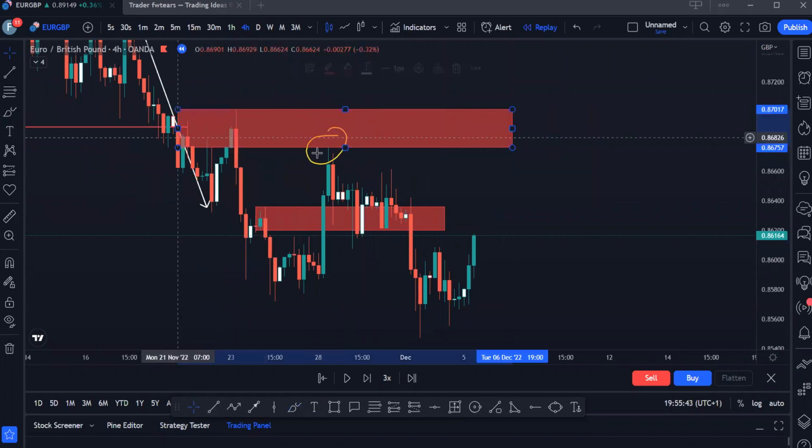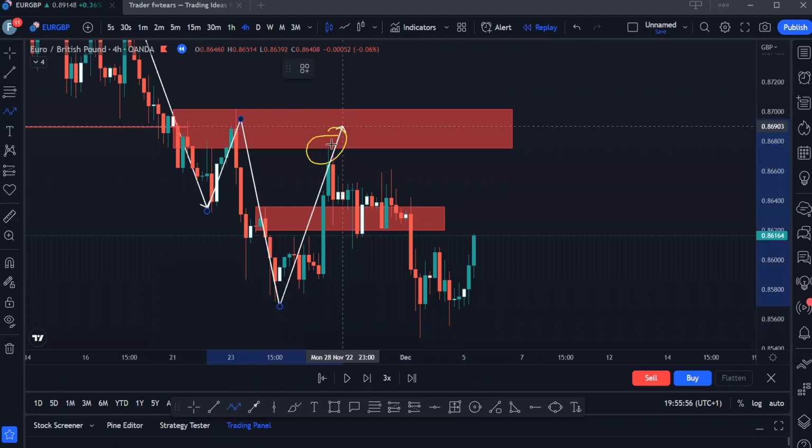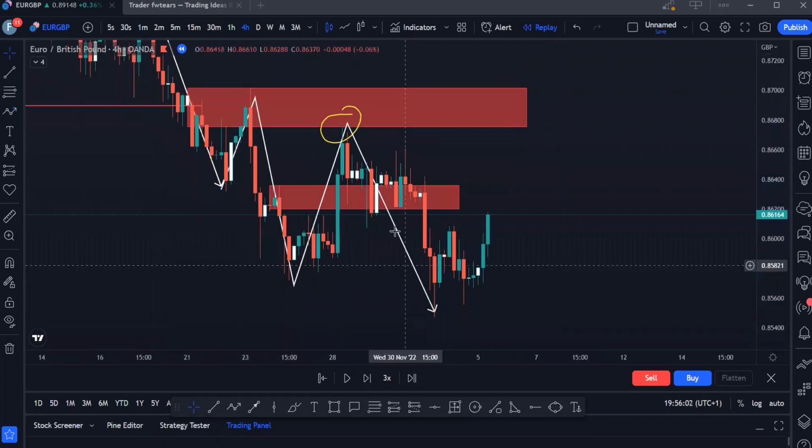In a downtrend, it held very, very swiftly. Okay, so this is the trend like so. So price has given you another lower low.